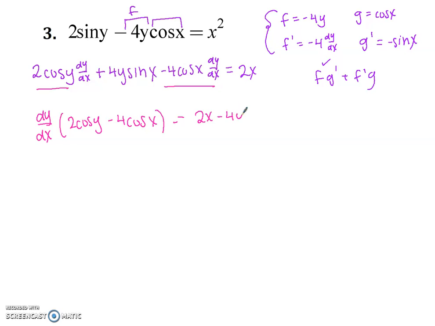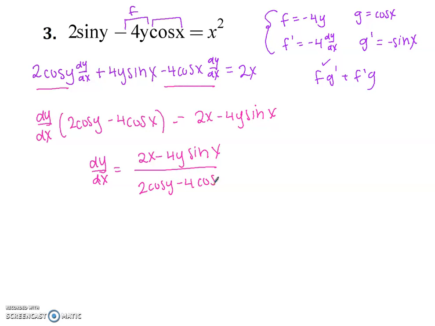So anytime you move something to the other side, it's going to change signs. Then just divide by this. So dy dx will be 2x minus 4y sine of x all over 2 cosine of y minus 4 cosine of x.